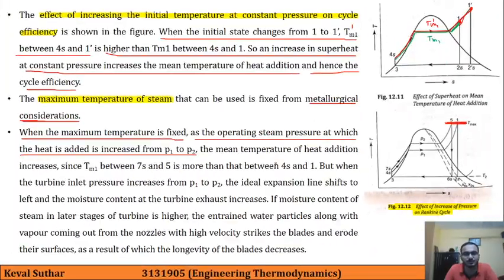Here the mean temperature of heat addition increases, because Tm1 is between 7s and 5, that is, we are going from 7s to 5.